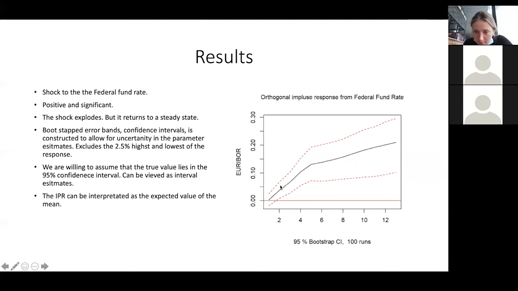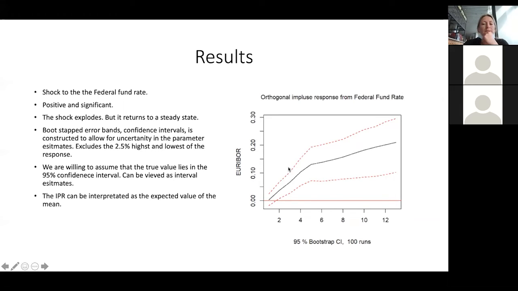We can see both the mean, the average or expected value, and these red dotted lines, which are interval estimates. If both of them are positive, or both of them are negative, then the result is significant. We can't have one line positive and the other negative.